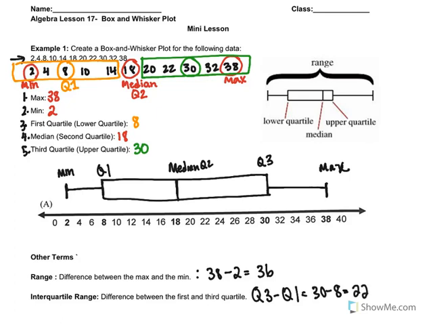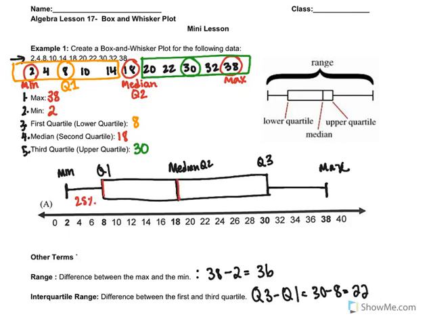So what this box and whisker plot does is that it takes a set of data and breaks it up into 4 quarters. Every time you get to one of those 5 numbers, you're looking at a quarter of your data. When I get to my first quartile here, that's 25% of my data.